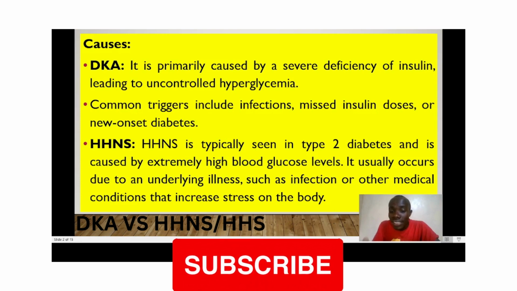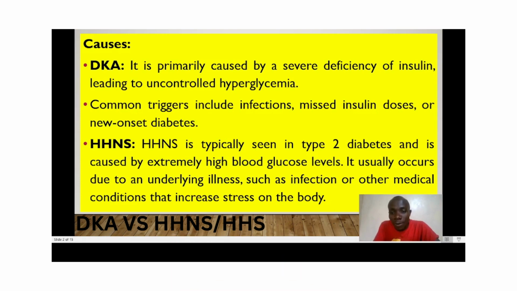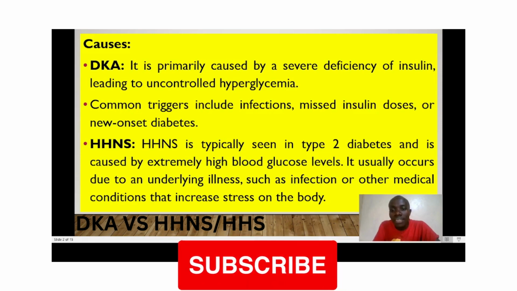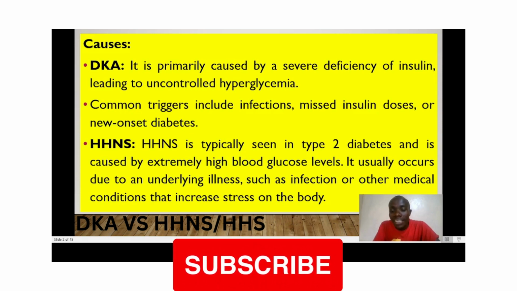And when the cells are starving, they have to look for alternative sources of energy. And alternative sources of energy are fats. So fat cells are being broken down, and when they are broken down, they release wastes such as ketones, okay.